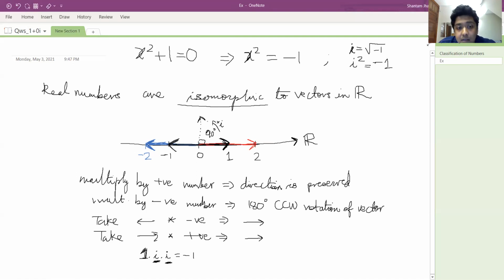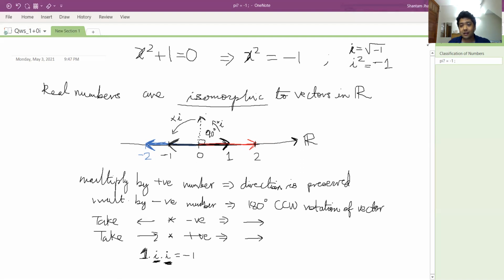Why? Because when I do that again, I'm going to end up at -1. I'm going to make another 90 degrees rotation counterclockwise, and I'm going to end up here. Wow.